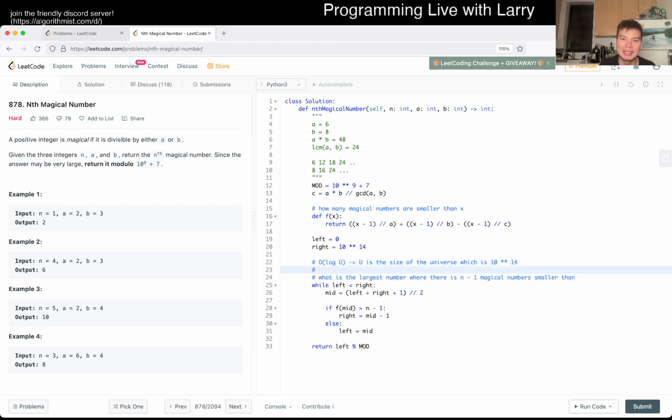And of course, space is just O of 1 because we have a couple of variables and that's it. You can also analyze it in terms of the number of digits. I'll leave it up to you at home, but it's going to be linear, is the short story, if you want to analyze it in terms of the number of digits.